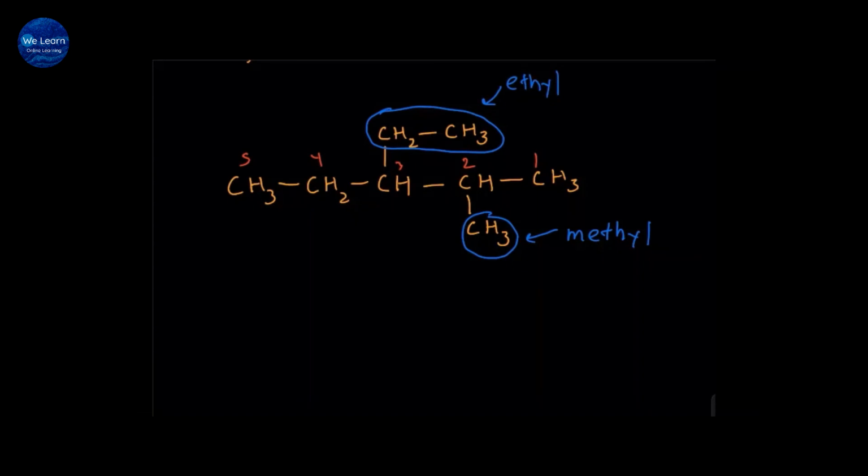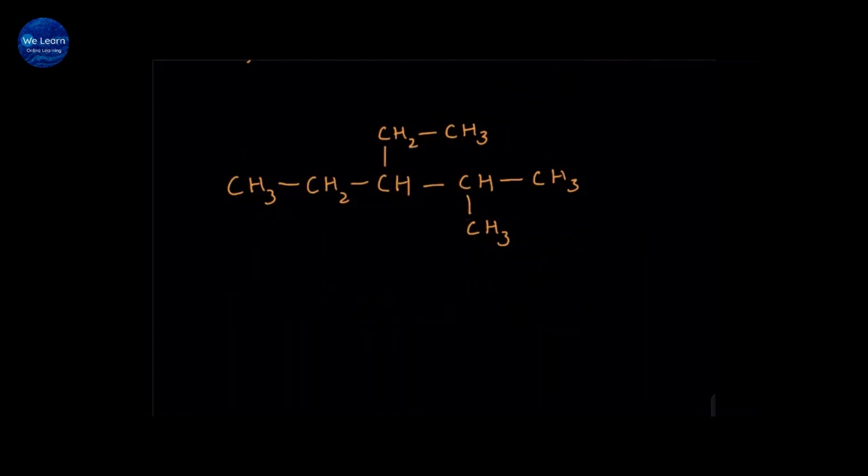Let's name that compound. That will be 3-ethyl-2-methyl. Since there are 5 carbon atoms on the longest carbon chain, that will be a pentane. And notice that I numbered 1, 2, 3, 4, 5.